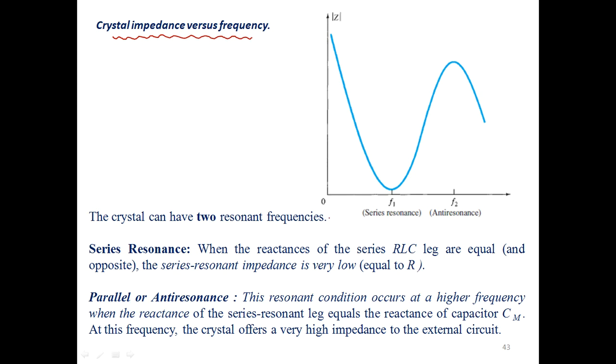A crystal can have two resonant frequencies. The first one is called series resonance, when the reactances of the series RLC leg are equal and opposite, so the series resonant impedance is very low. So this is that first series resonance.